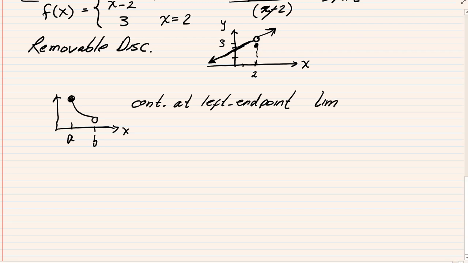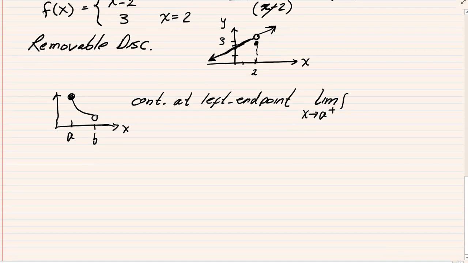We simply say that the limit as x approaches a from the right of f of x is going to be, actually, f at a, not a, sorry, because a is on the x-axis.